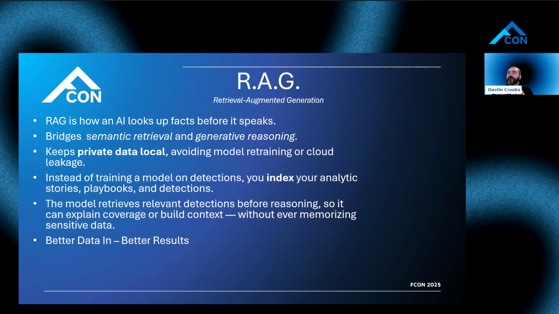So when we have SNARF as our knowledge base, our analytical stories, our detections, our playbooks, and our testing results are converted into embeddings, mathematical fingerprints stored in a vector database. When an analyst or an agent asks a question, we turn that query into another vector, and it finds the nearest neighbors, the most semantically relevant pieces of SNARF or the knowledge repo, and it feeds them to the local LLM. That results in a context-aware answer, grounded in our authoritative content, not hallucination.